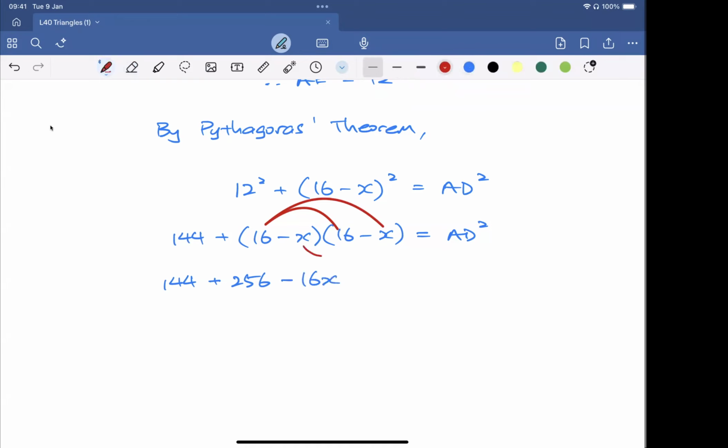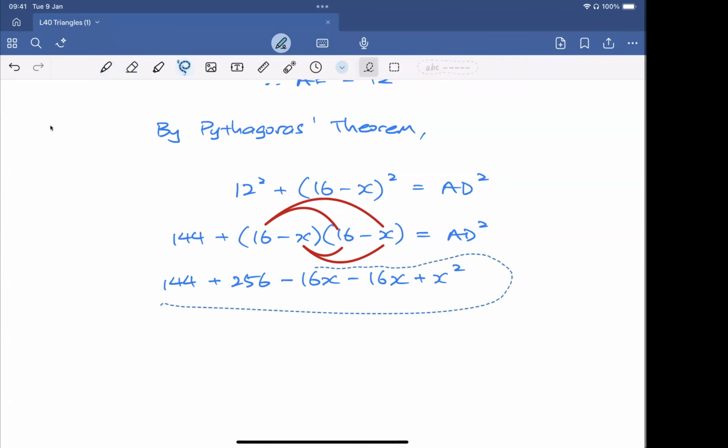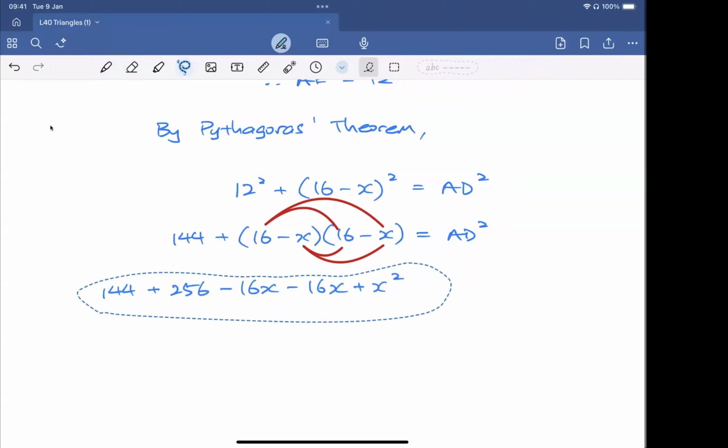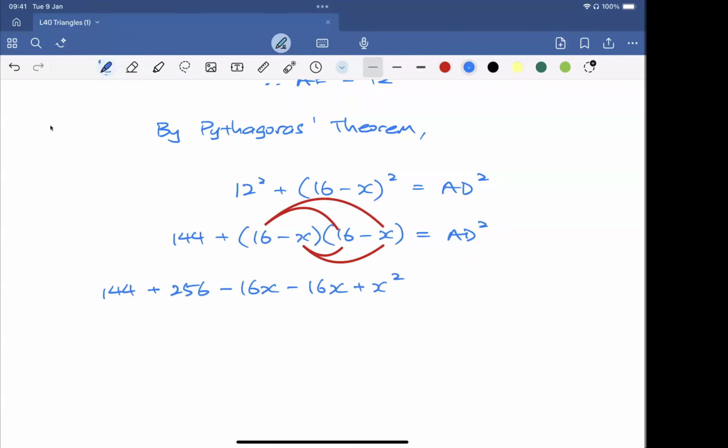Then we take minus x times 16, which will give you minus 16x again. And finally, minus x times minus x. Students, negative and negative give you positive. x times x is x squared, that means x to the power of 2. And that will equal AD squared.